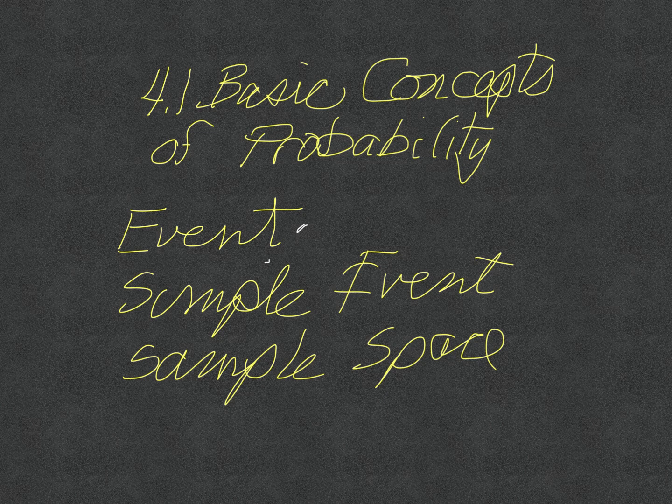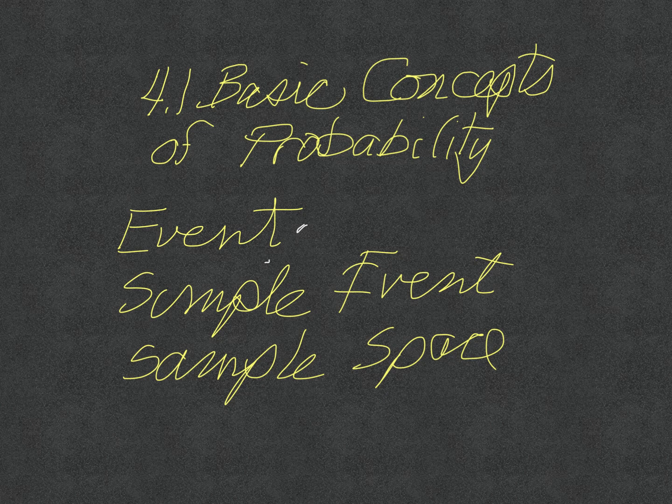All right. A simple event is an event where you can't break down the event to simpler parts. And then a sample space is essentially an event or the group of all simple events of an experiment.